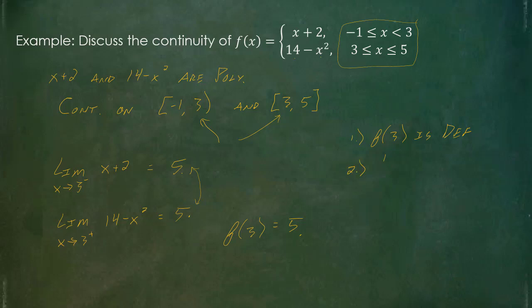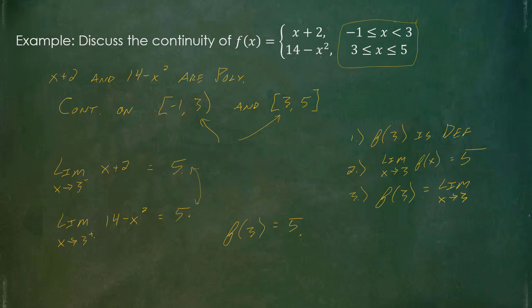It also fits that the limit as I approach 3 of that function, since the left and the right were both equal to 5, is equal to 5. I need to stop writing and talking at the same time here. So it's equal to 5, and we know that f of 3 is also equal to 5.